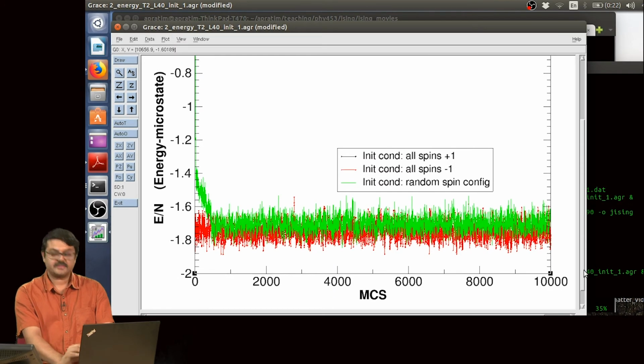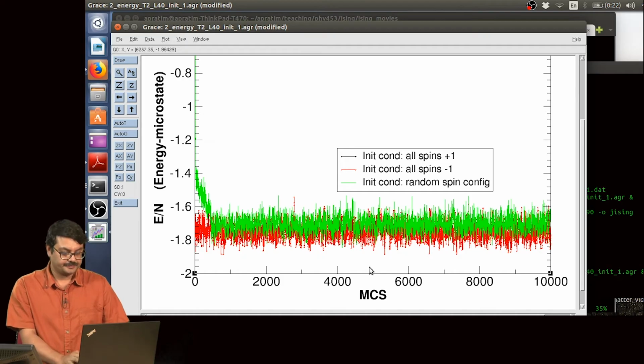and the interesting point to note is that the data where all spins are pointing in -1 is exactly on top of the data for the initial condition where all spins were pointing in the up direction.